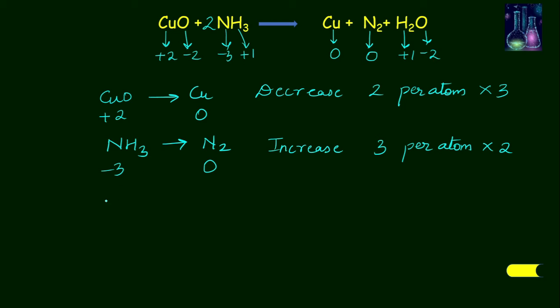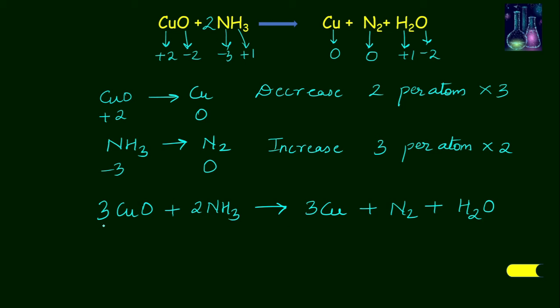So, we will write the equation 3 CuO plus, we have already multiplied here 2, so 2 NH3 gives 3 Cu plus N2 plus H2O. Now let's see the atoms copper and nitrogen balanced.